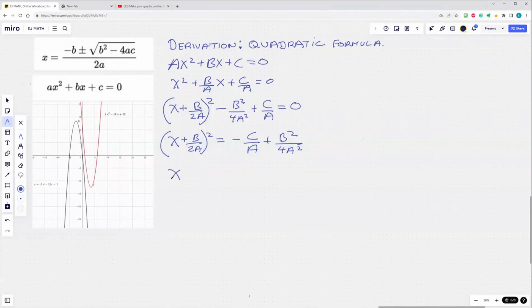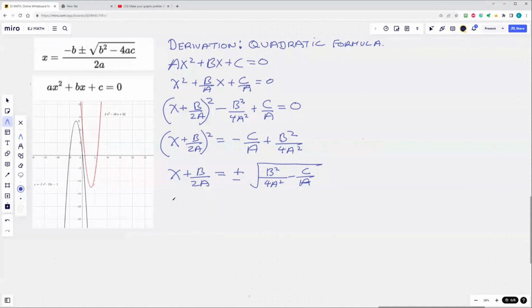So we're going to have x plus b over 2a, and that will equal plus or minus the square root, and I'm just going to put b squared over 4a squared minus c over a. I just swapped the terms, that's a minus.